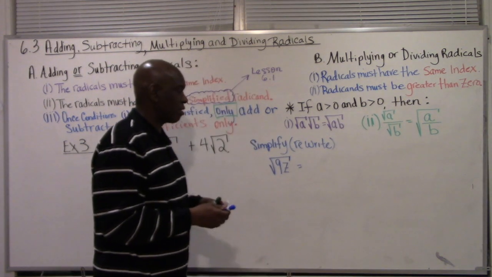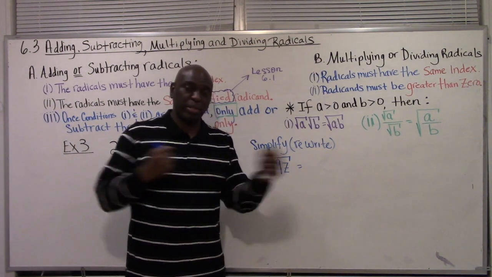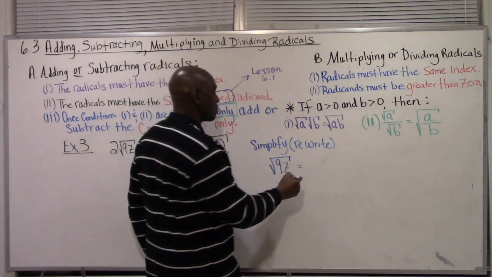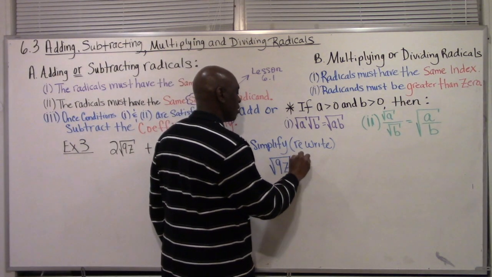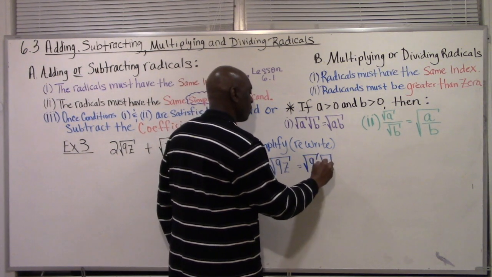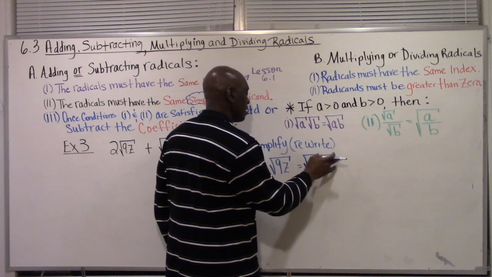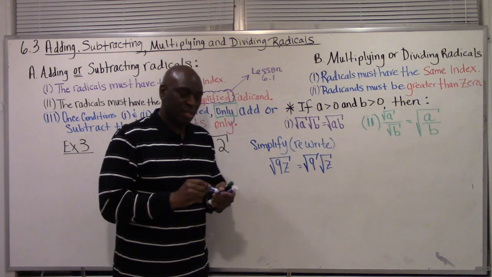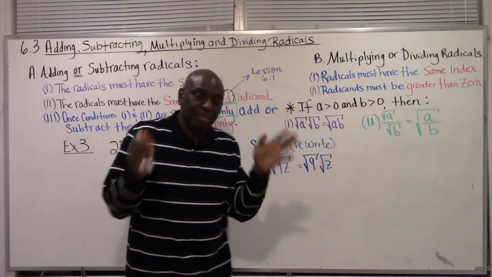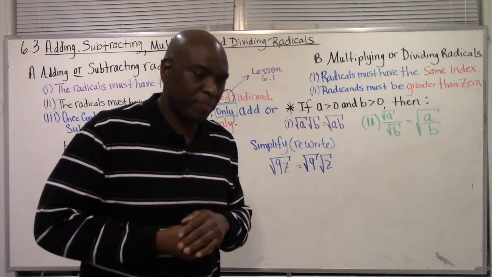That's the case. So now I'm going to take this 9, I'm going to take the z, and I'm going to split it up, just like we did in 6.1. I'm going to write this now as the square root of 9 times the square root of z. You see how I did that? It's just like 9 and z, they both live under one roof in one house.